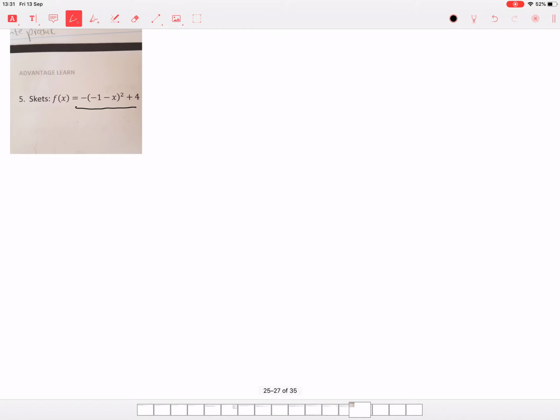Just looking at the form, this looks like a parabola or a quadratic function. Okay, so it's of the form f of x is equal to a into (x minus p) all squared plus q. It's just written a little differently there.